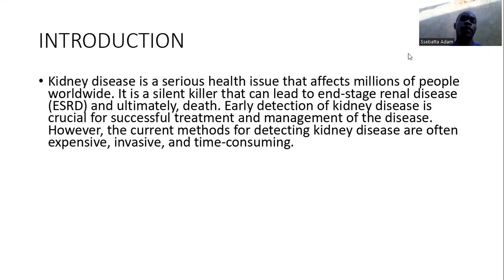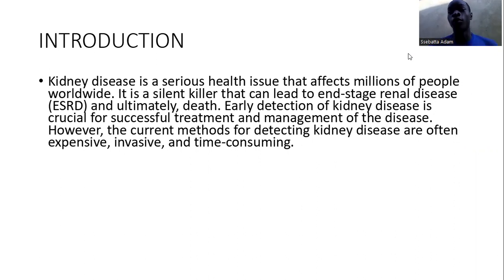It doesn't remove the filtrate from the blood. That's when your kidney is infected with kidney disease. It is a serious health issue that affects millions of people worldwide. It can lead to end-stage renal disease and death, so early detection of this disease is crucial for successful treatment.